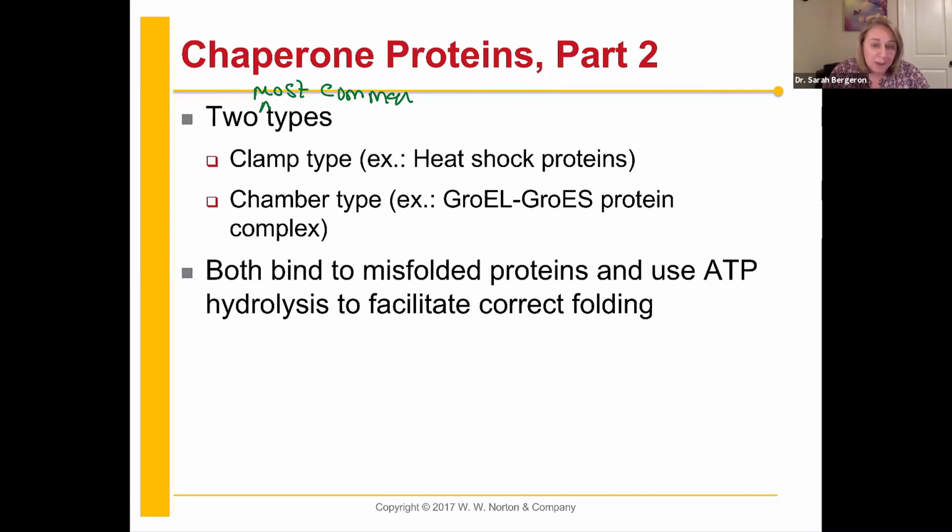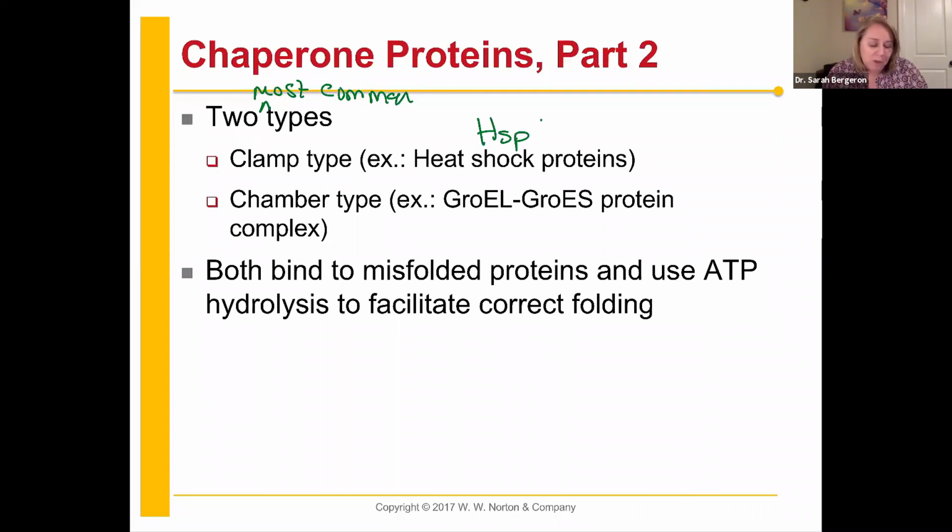There is the clamp type and the chamber type, and we're going to watch an animation in a few minutes about these two different types of chaperone proteins. The most common or well-studied clamp type chaperone protein is called the heat shock protein, or HSP.